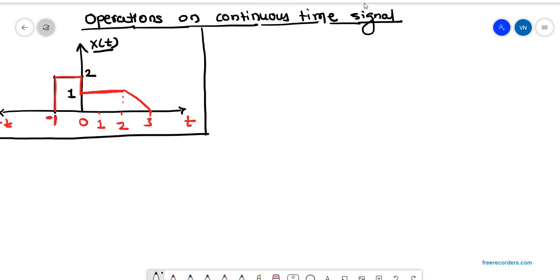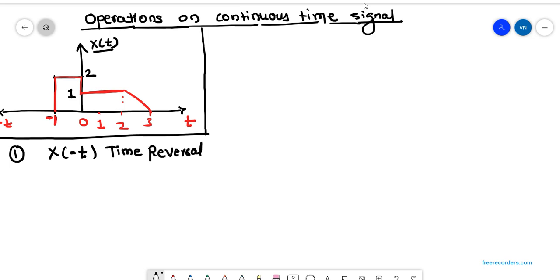The first example that we are going to take is x of minus t. How can we write it? We already know that whenever we write a minus t, this is called a time reversal signal.